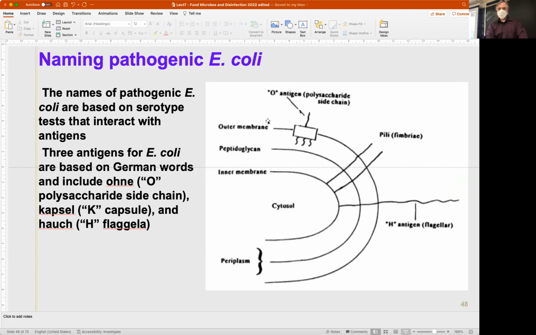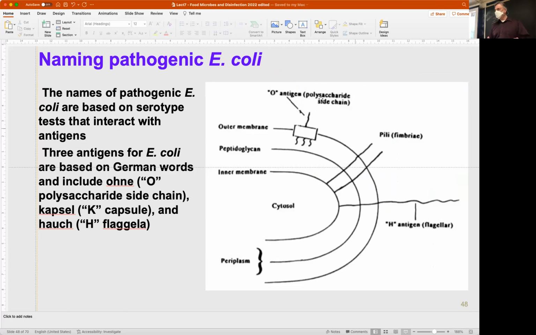So there's this thing called an O antigen, and it's a polysaccharide. When I say it's an O antigen, what they've done is an immunology test, and if the test is positive, it has this antigen called an O antigen.